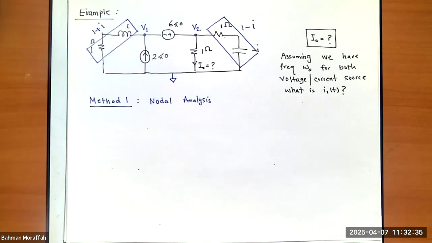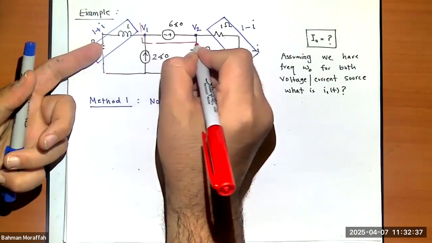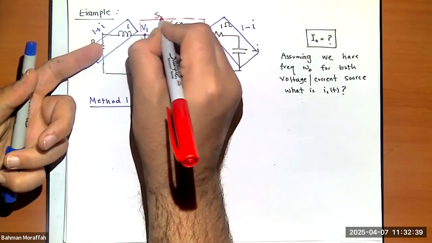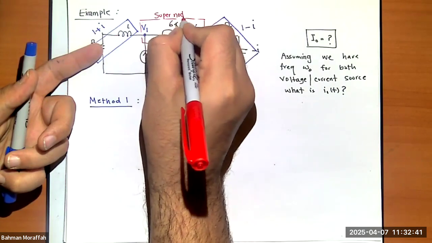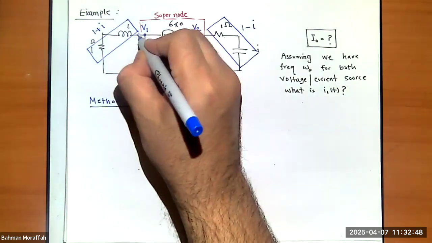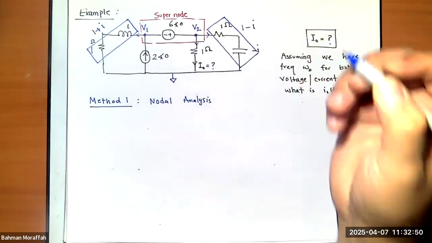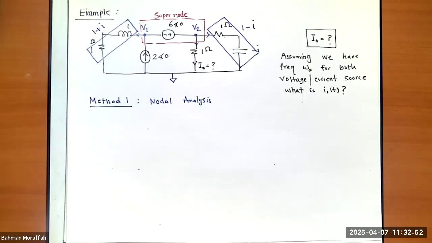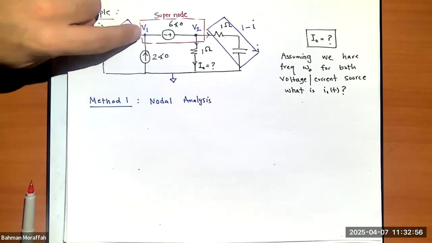So let's call this my supernode. Now I can write a KCL. Let's assume all the currents are going out. What is this current?